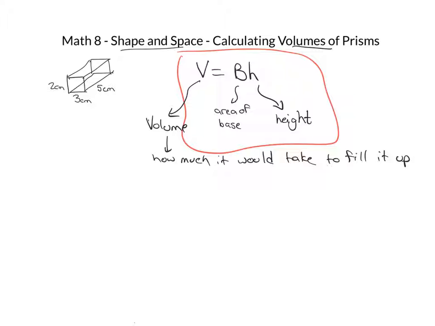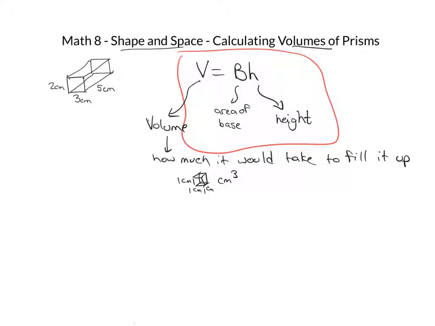In our metric system, we often talk about things being measured in centimeters cubed. So what is a centimeter cubed? It's basically just a little block, and the block size is 1 centimeter wide, 1 centimeter long, and 1 centimeter tall.